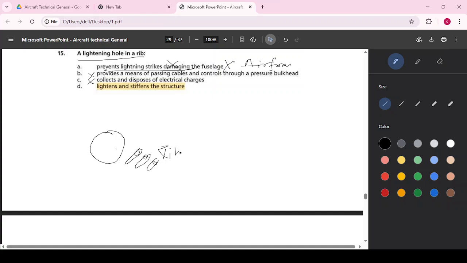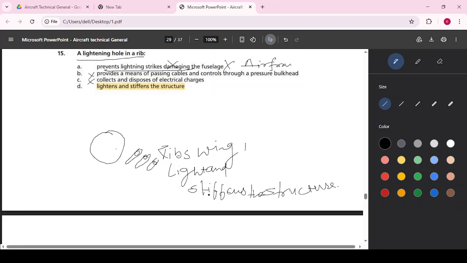Ribs in the aircraft wings, and these holes make it light and stiffen the structure. So D is the correct answer.